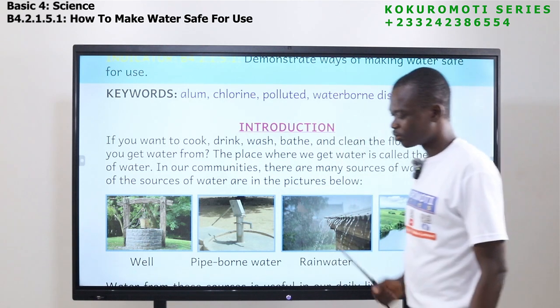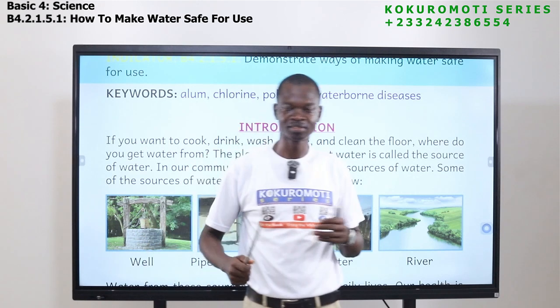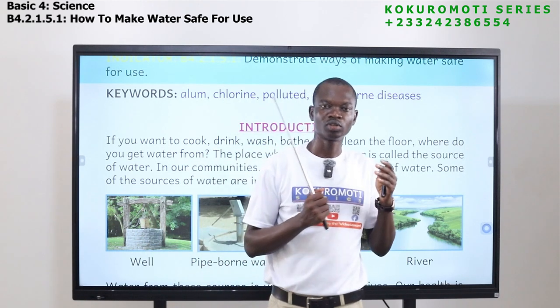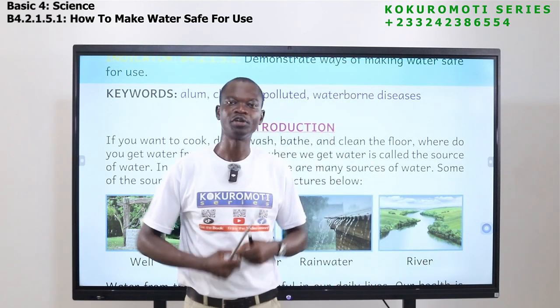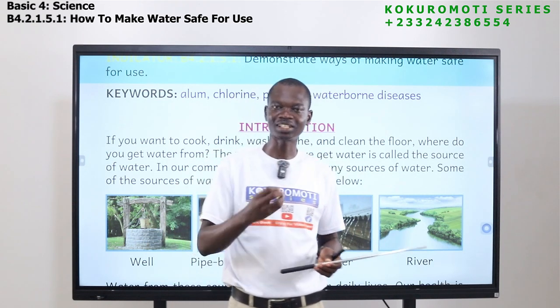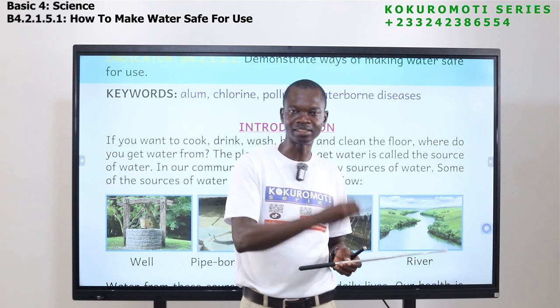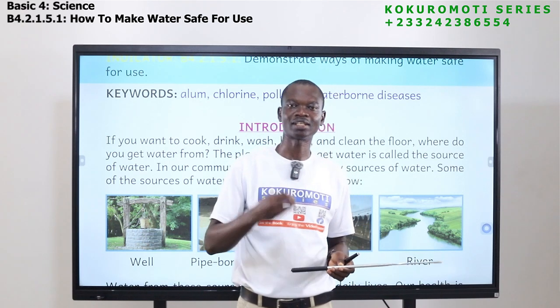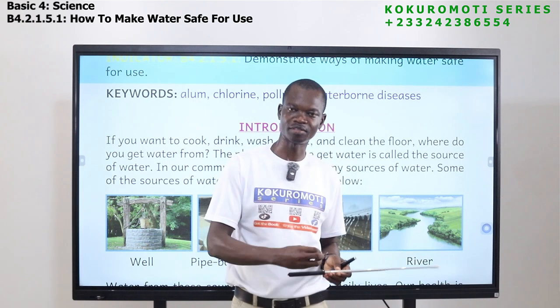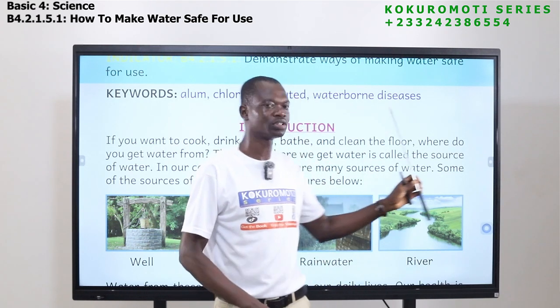Sometimes we get diseases from different places, but the disease that we get when we drink polluted water that contains germs, water that is dirty, is called waterborne disease. If you use water that is dirty, contaminated, polluted, not safe, and you get disease, that disease is called waterborne disease.